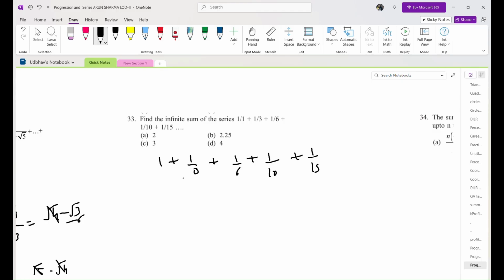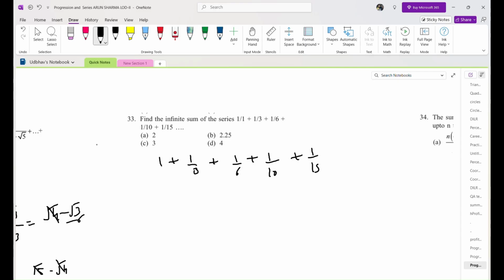This isn't a GP though. 1 upon 10 minus 1 upon 6 minus 1 upon 15. We have to make it a GP because we are told to find the infinite sum.